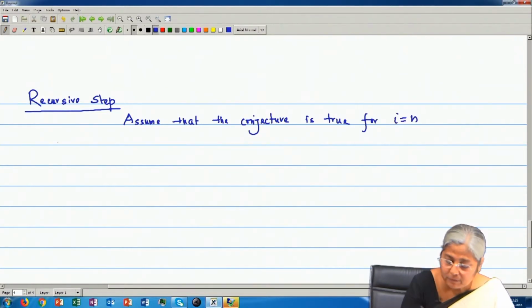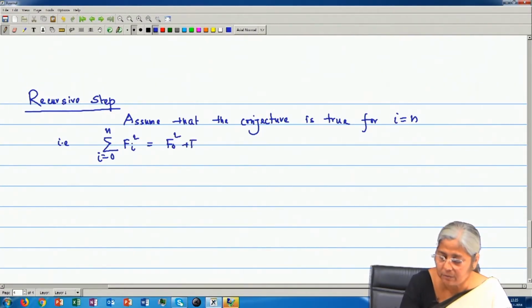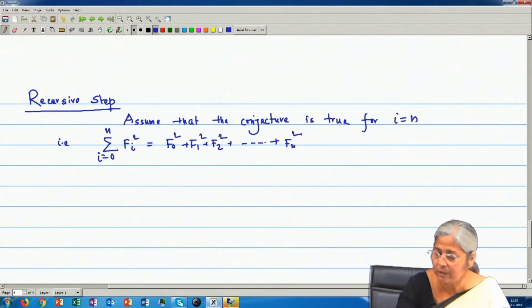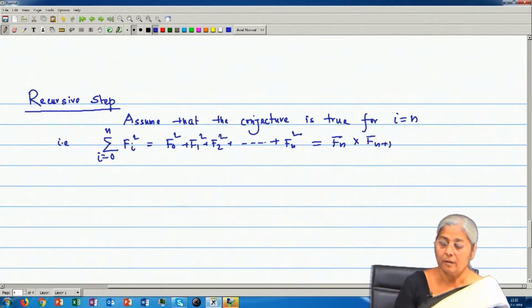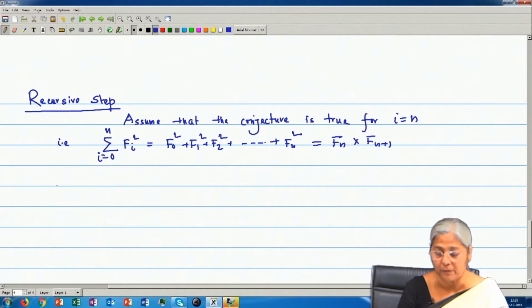That means, the sum for i equal to 0 to n of f i square equals f 0 square plus f 1 square plus f 2 square plus up to f n square, which is equal to f n into f n plus 1. Now, if we can show that, assuming it is true for i equal to n, the conjecture is true for i equal to n plus 1.